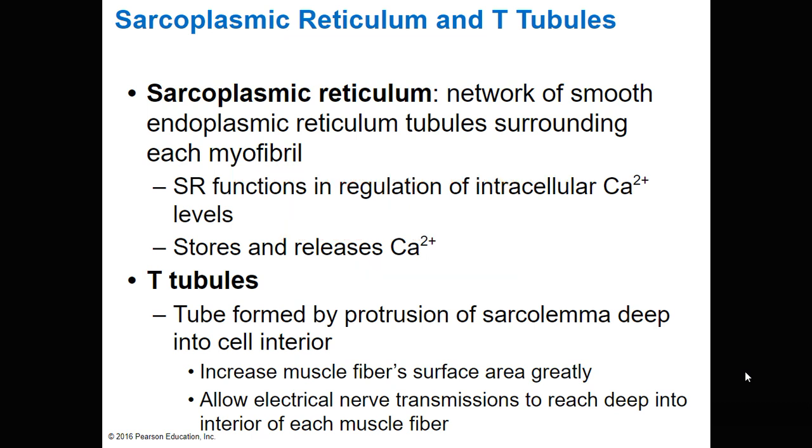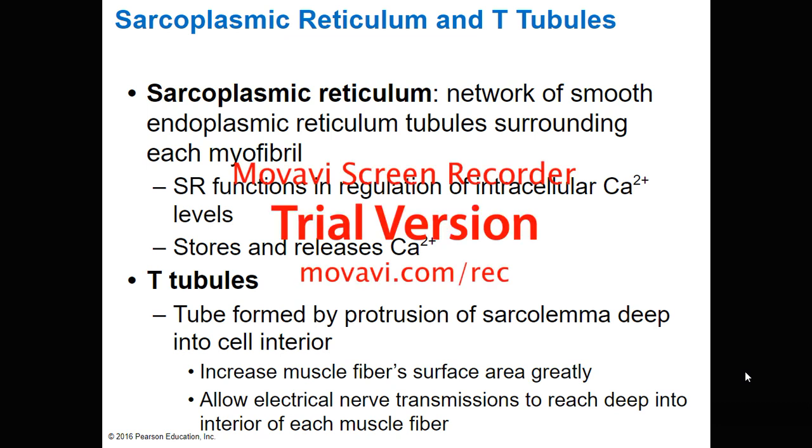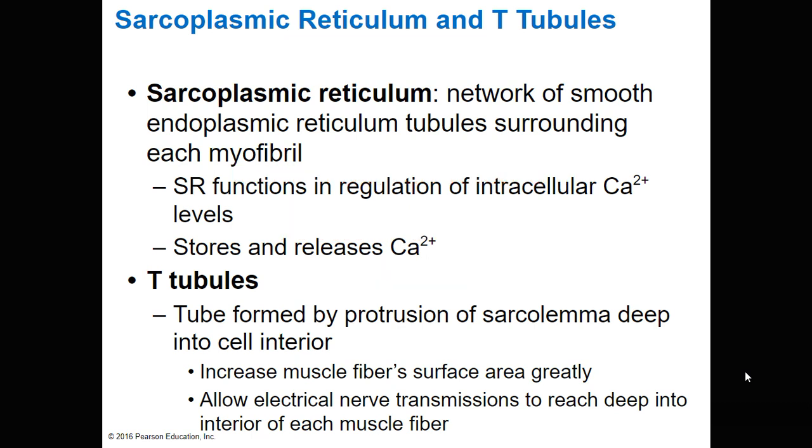At these junctions, you have the T tubules, which we'll talk about in a second, in the middle, sandwiched in between 2 terminal cisterns of the sarcoplasmic reticulum, and together they form what is called a triad.